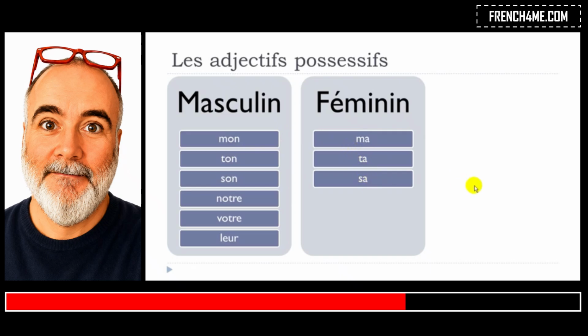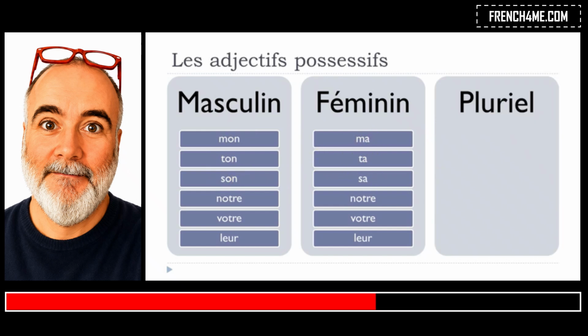And the good news is that notre is the same, votre is the same, and leur is the same. So you don't really have a difference between these three persons. You will have to use the same adjective possessive. So the only difference is there: mon, ton, son, ma, ta, sa. And now let's see the plural part here.